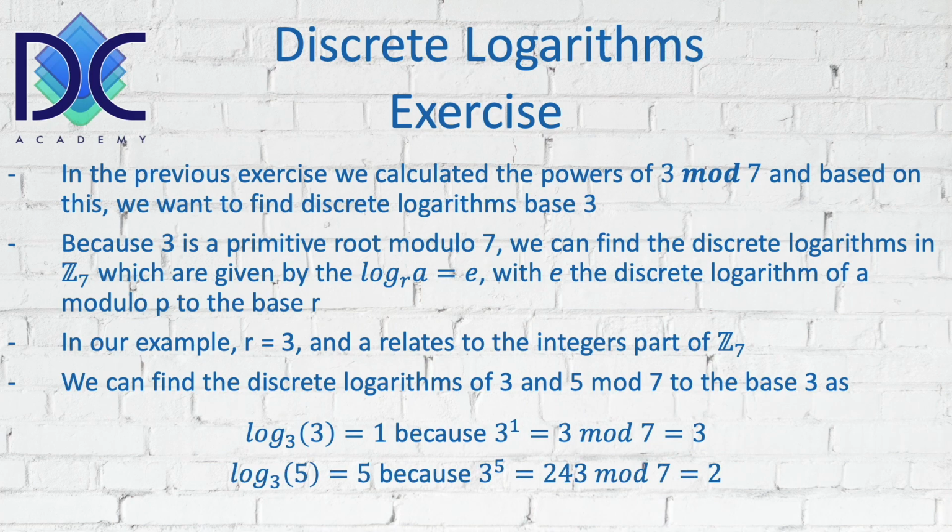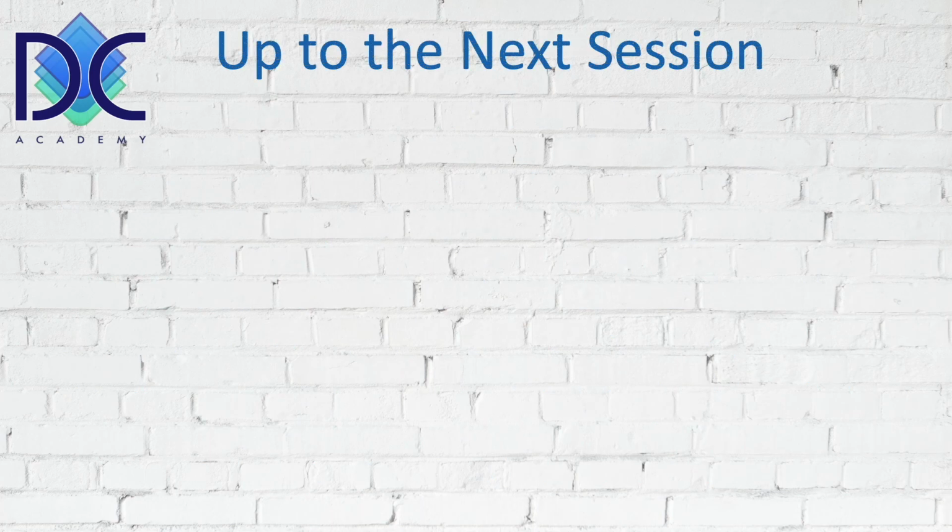The logarithm base 3 of 5 is equal to 5, because 3 to the power 5 is 243 modulo 7, which is equal to 2. We can do that for all the elements that we considered in the previous exercise. I only took 3 and 5, but we can find it for all these other powers, of course. This was the last part of this section.